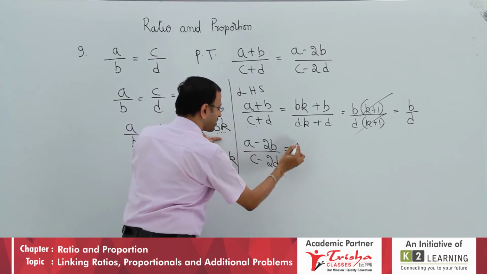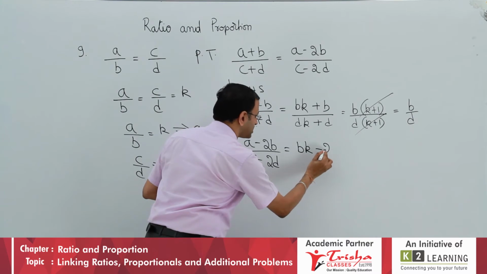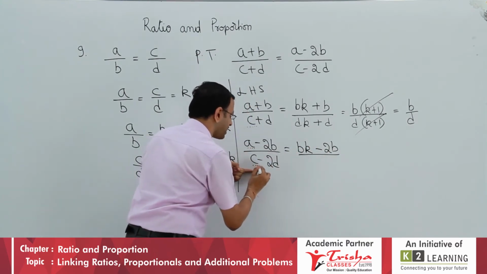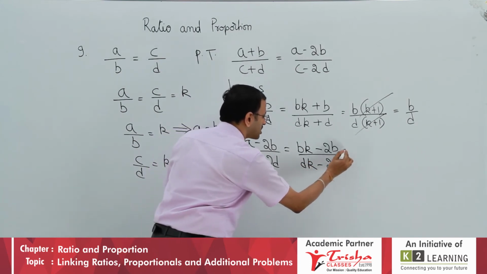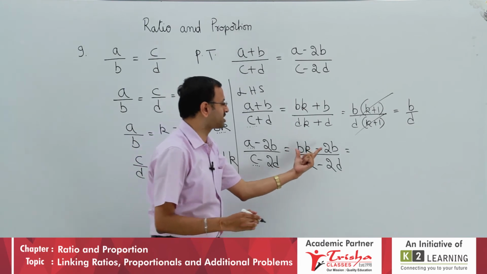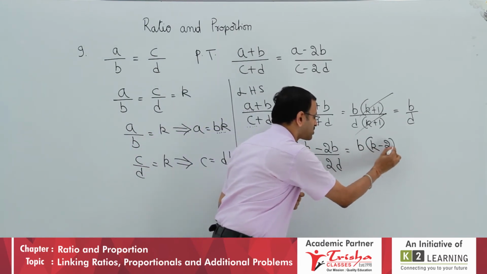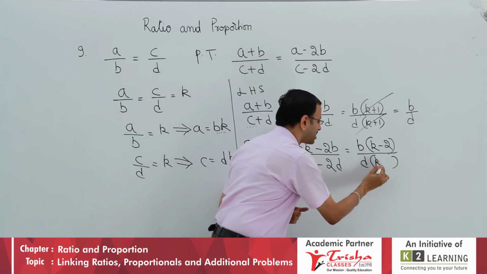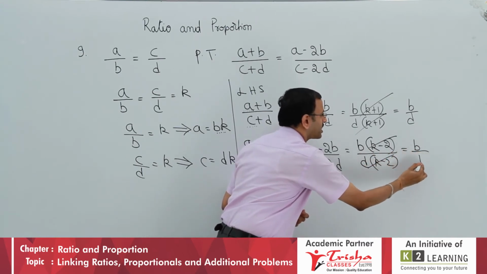In this place, we will write BK minus 2B unchanged. Just in A place you write BK, in C place you write DK. DK minus 2D. Student, tell me in the numerator what is common? B common. You will get K minus 2. Here D common. You will get K minus 2. Cancel. Finally you will arrive at B by D.